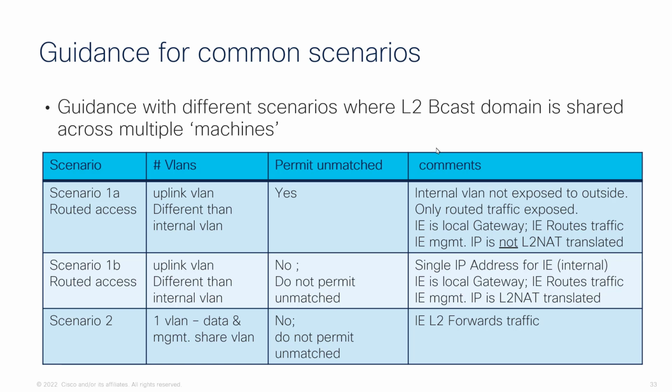It does permit unmatched. And the beauty of that is you don't have to worry about whether you're going to accidentally deny some communication, which is critical. So it does provide some flexibility in that as the network administrator, you don't have to worry about whether the unmatched traffic is going to be dropped or not.